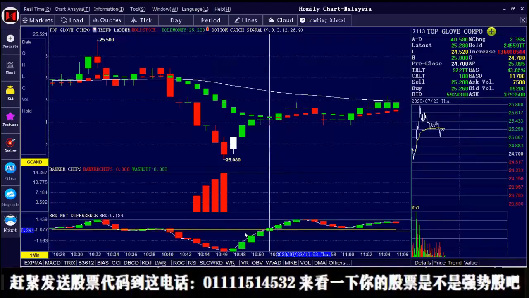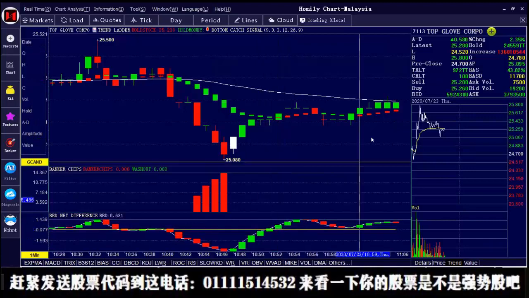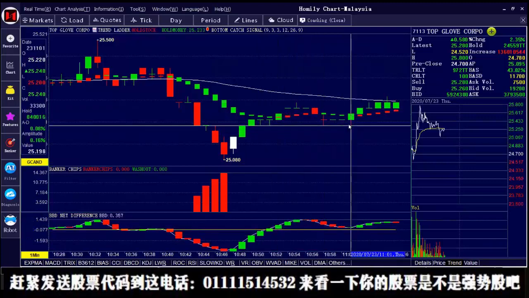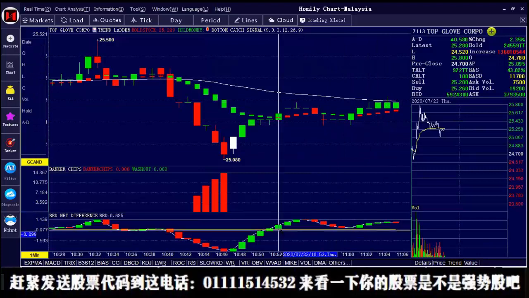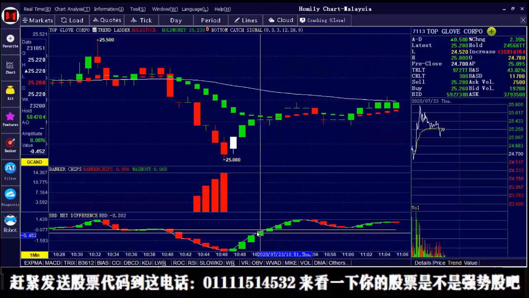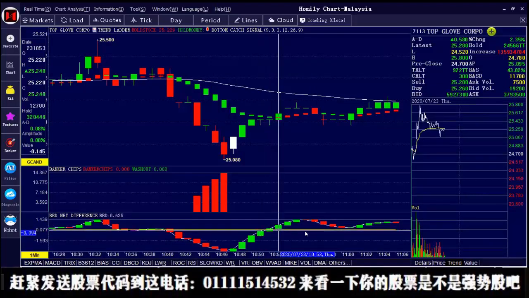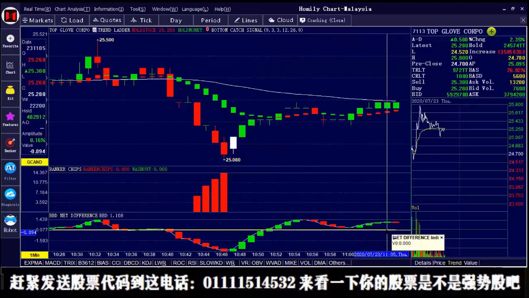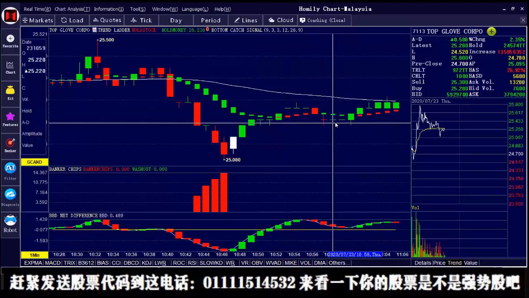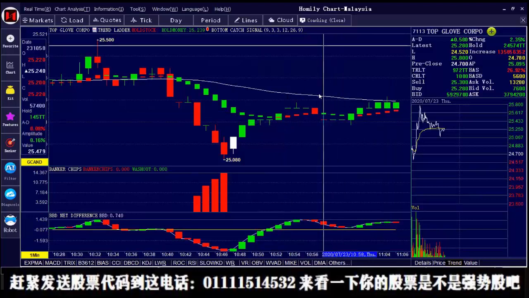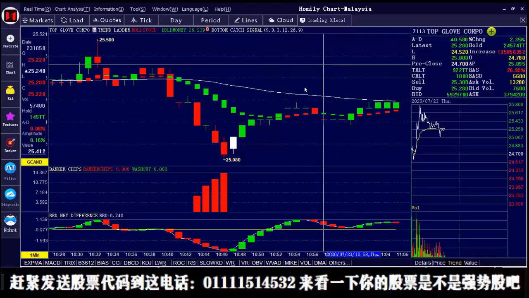Actually, you can focus on the BBD. Once the price goes down here, you want to sell it, but later it goes up again. Now this BBD is very good for judging whether the retracement is short term or long term. Since the BBD indicator is still above the zero axis, this downtrend is a small downtrend, not a big downtrend.